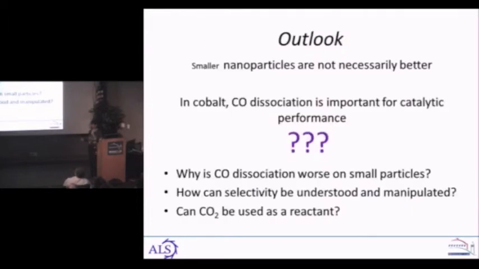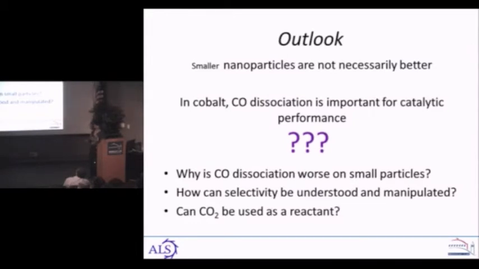So the question is, why is the CO dissociation worse on the smaller nanoparticles? We wanted to answer the question of why is the methane production worse, and now we've answered it with why is the CO dissociation worse. Some ideas about this are that the small nanoparticles don't have enough surface sites that the CO can adsorb on and dissociate on.